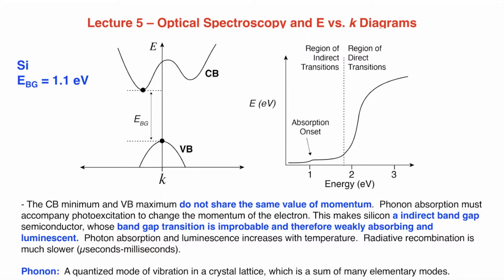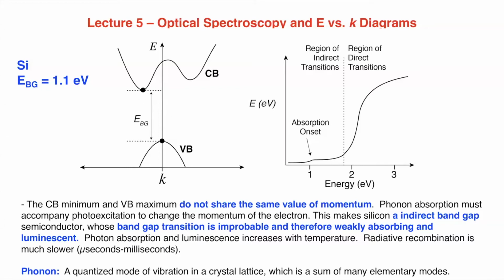So what's the band gap energy? Well, the band gap energy is not a function of k. The band gap energy is just the bottom of the conduction band to the top of the valence band. And if you were to plot this out in a density of states diagram, you wouldn't see all of this. You wouldn't see the k momentum information. And so that minimum spacing corresponds to what's labeled with this arrow.